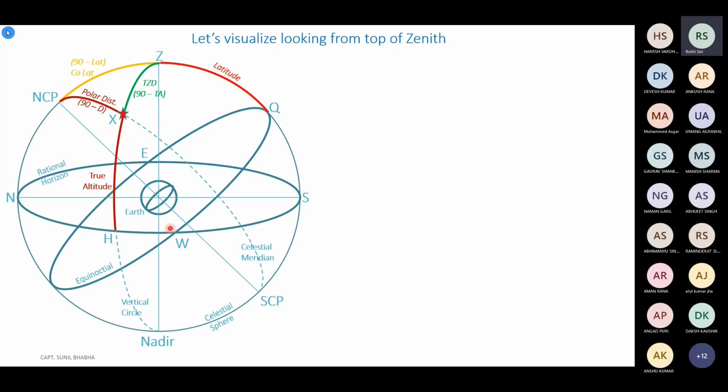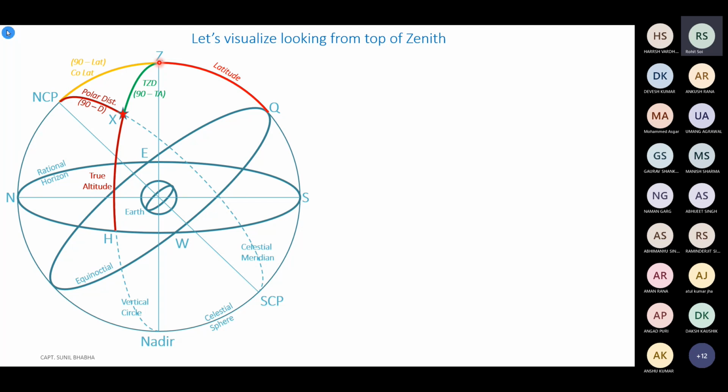Right now, we are looking at the celestial sphere somewhere from this west point, from this angle. But assume for the moment that you are able to go up to the zenith. Let's say you have a rocket accessible to you. You sit in the rocket, it takes off and goes vertically upwards. Eventually, at one point of time, it is going to reach the zenith of the observer.